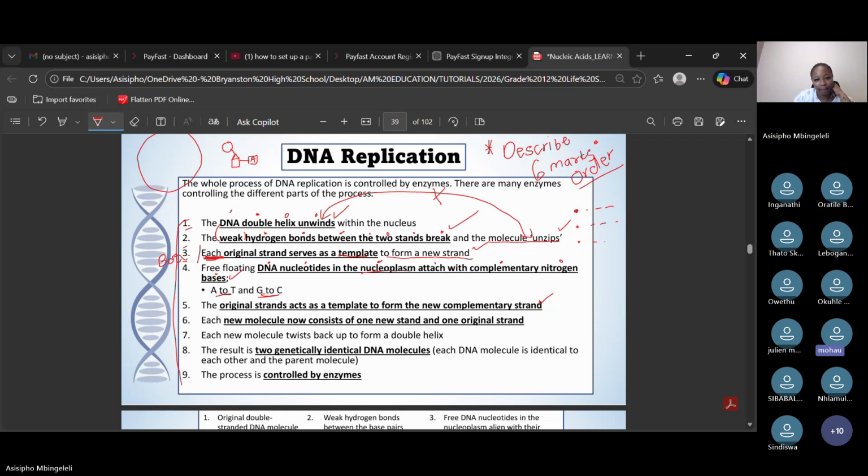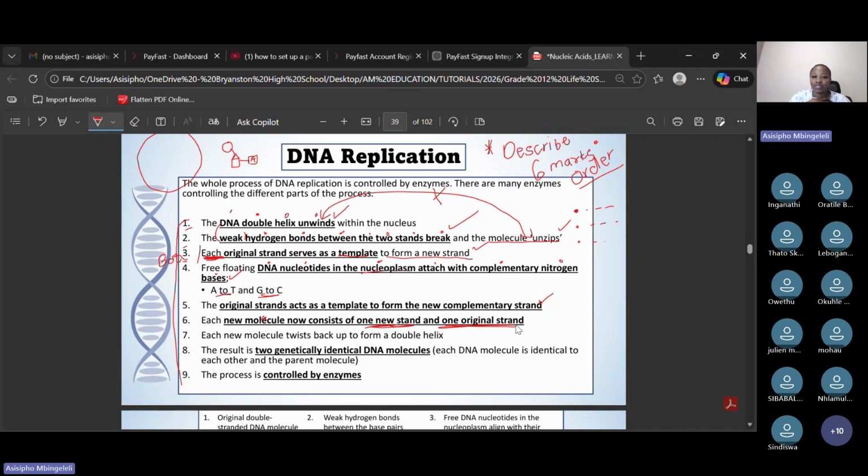Mine says at the end, each molecule consists of one original strand and one new strand. There you have it. Yes, so the information in the textbook is correct. It will be the same.